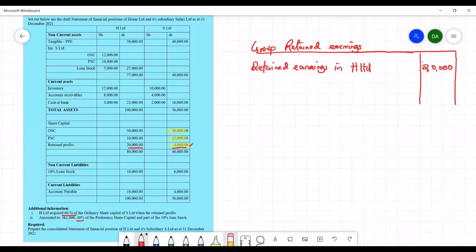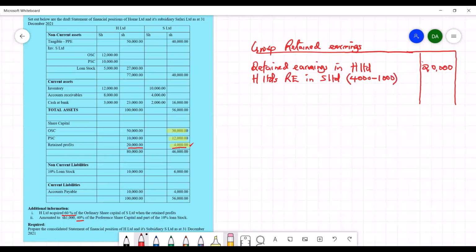Let us now see H Limited, retained earnings in S Limited. Now that is what we take, but we take only post-acquisition, meaning after acquisition. That is going to be 4,000, which is the total, minus pre-acquisition retained earnings, which is 1,000. So we remain with 3,000.